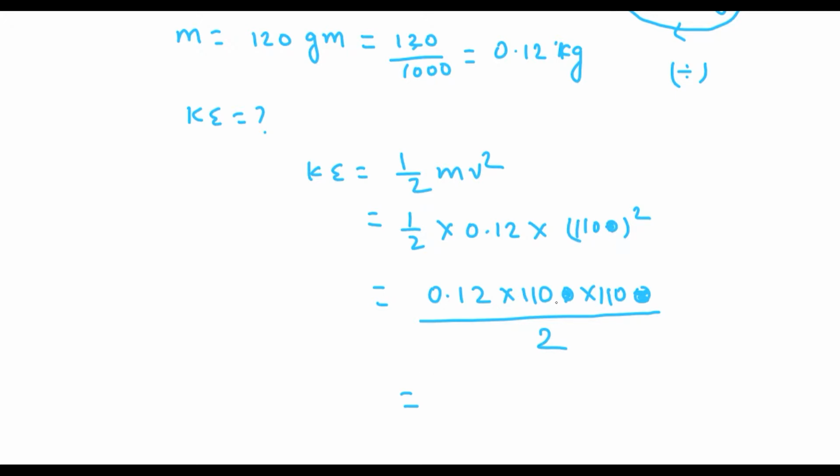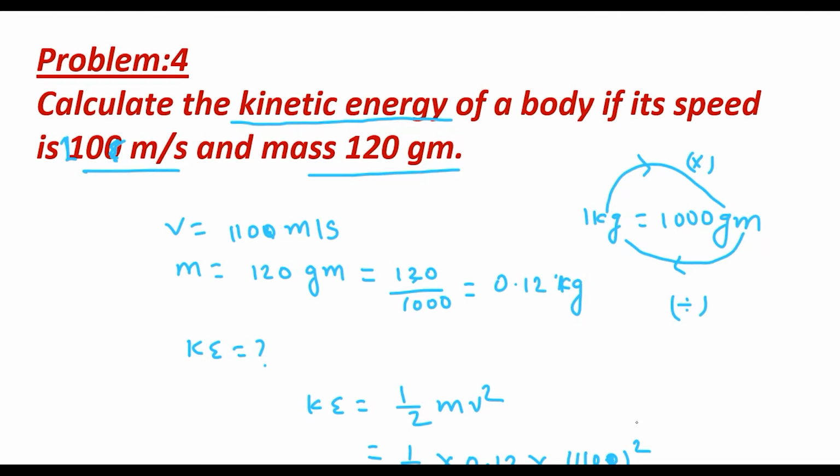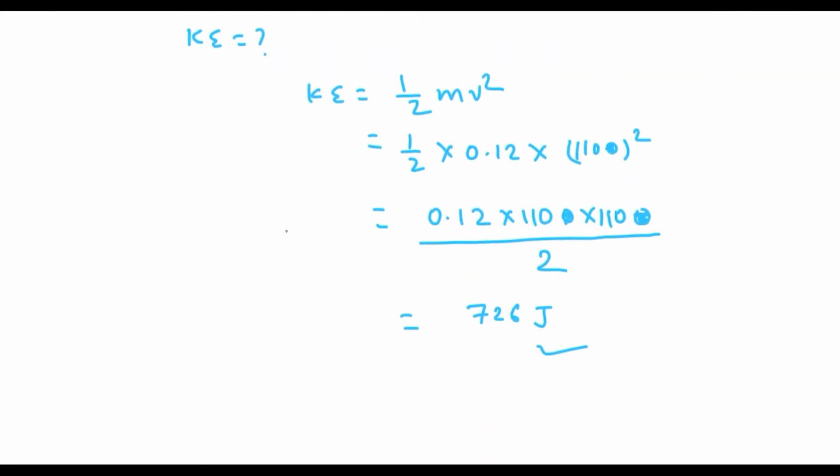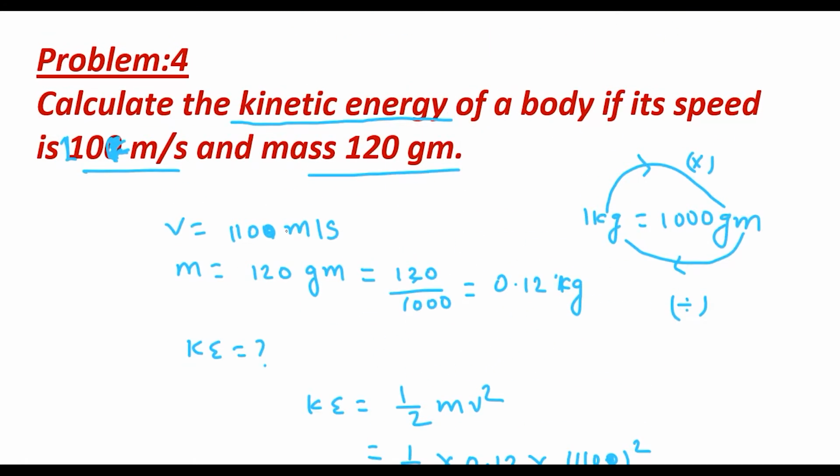So 110 into 110, just multiply it and divide, we get the value 726. Kinetic energy is in joule. This is the required kinetic energy. In this question the velocity is not 100 but 110, 110 meter per second. So the kinetic energy becomes 726 joule.